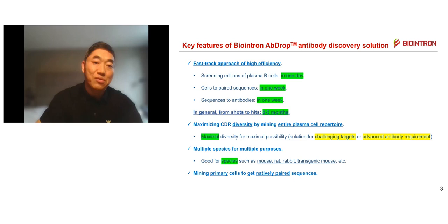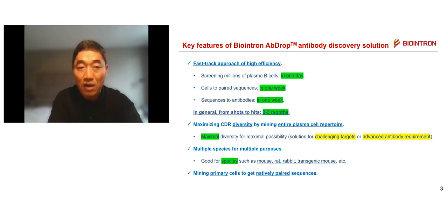After that, in just 1 week, we will get the paired sequence, because the NGS and bioinformatic analysis may take a few more days. But in just 1 week, we will get paired sequences of each antibody.